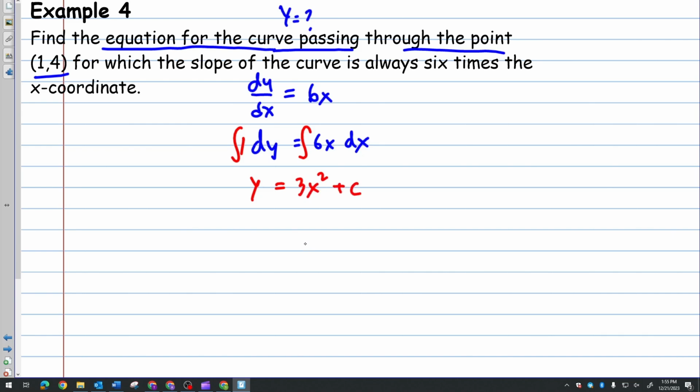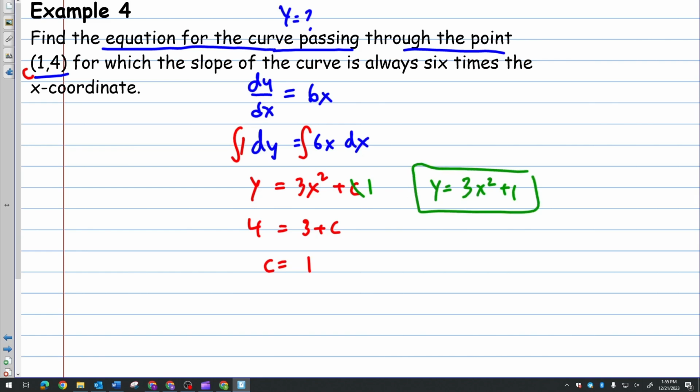All right, and this is the answer, except that I want to know what my c is using 1, 4. So everywhere there's a y, I'm going to put in 4. Everywhere there's an x, I'm going to put in 1. So here I get c is equal to 1. And if c is equal to 1, I can just cross this out, put 1. Please do not erase the c ever. Please just cross it out, or you can just rewrite this as y equals 3x squared plus 1.